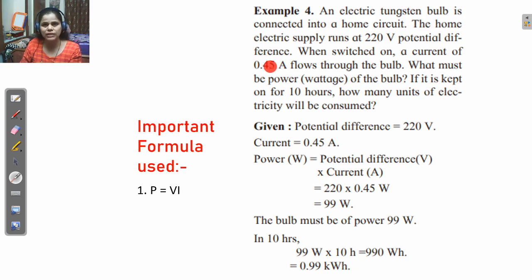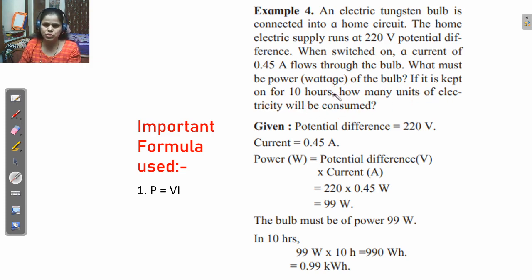That means I is given. Current is given. Flow through the bulb. When switched on, what must be the power wattage of the bulb? We have to calculate the power P if it is kept on for 10 hours. How many units of the electricity will be consumed?